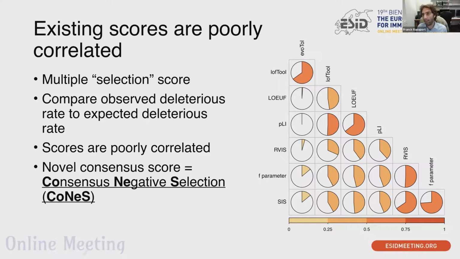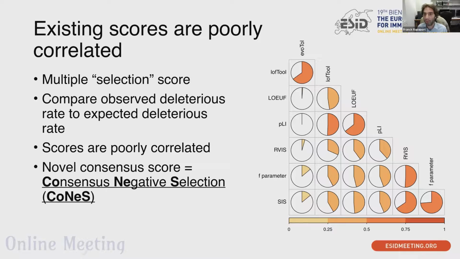However, if you look at them precisely, each one of them, we found 7 in the literature for which we were able to compute them for at least 75% of the genome, it turns out that these metrics are poorly correlated.